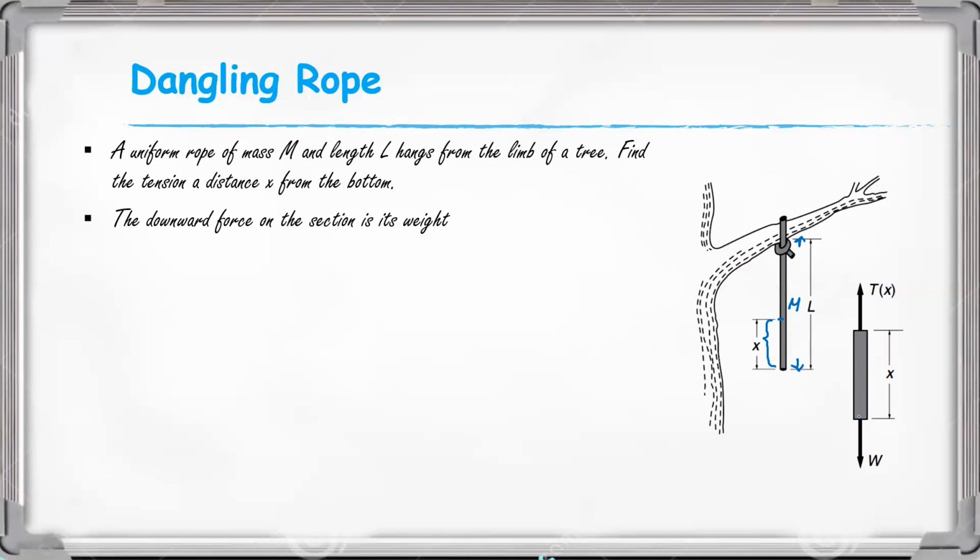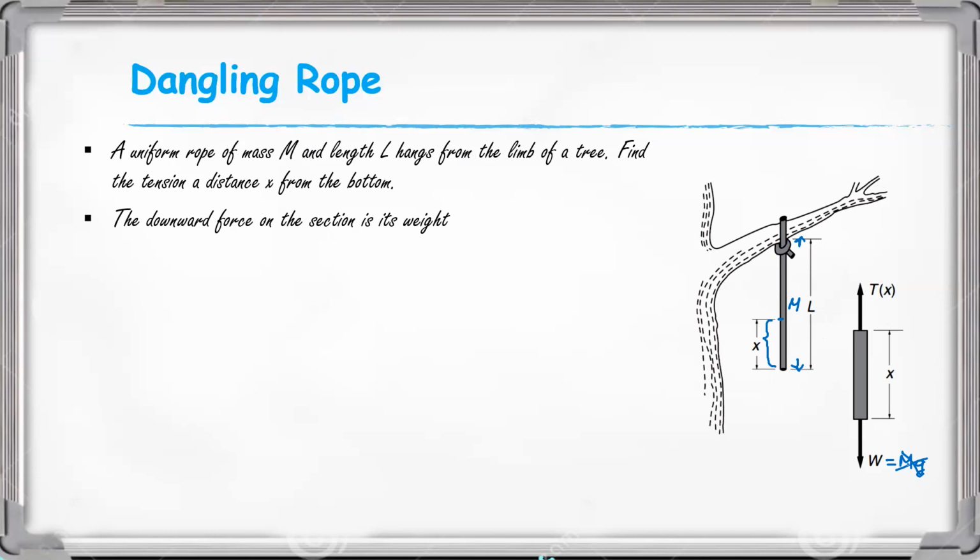Then the downward force at this end must be W, equal to the weight, but not the total mg. Okay, the total mass of this is M, then that weight is Mg.